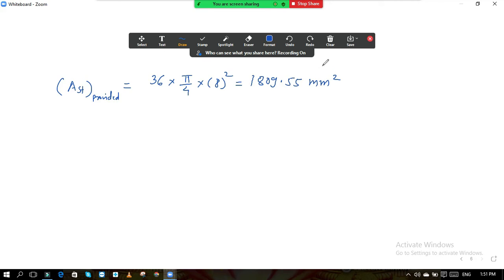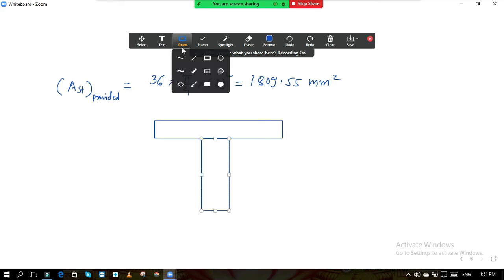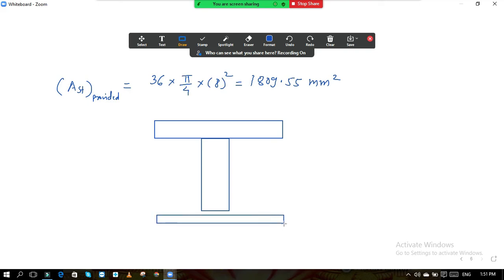Okay. So now how will we place this? So again we will draw the diagram. This is our I section. Okay.